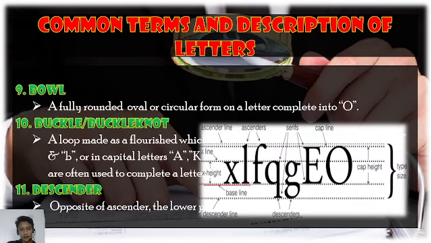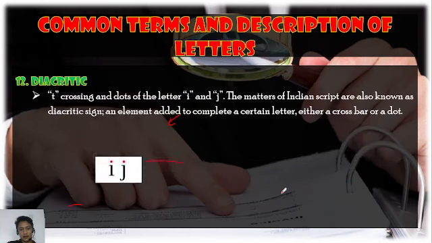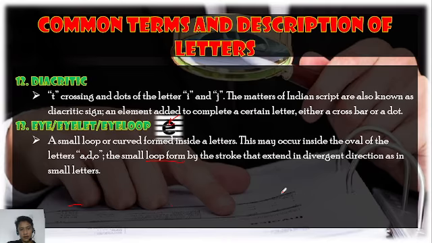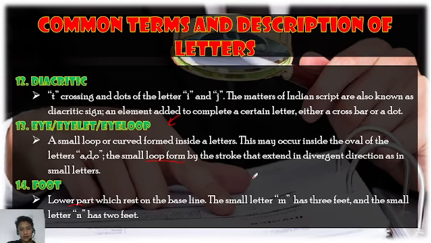This is what we call the foot of the letters. So, it is not this one, because if it is a long letter that has a lower loop, then we refer to it as descender.